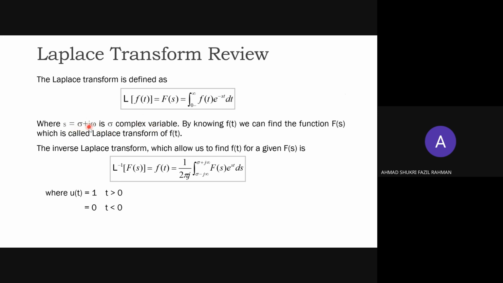You can see the real part and also the imaginary part. So when we know the equation of the function in time domain, f(t), we can find F(s), which is called the Laplace transform of f(t). So how do we transform back from the Laplace equation to the time domain?